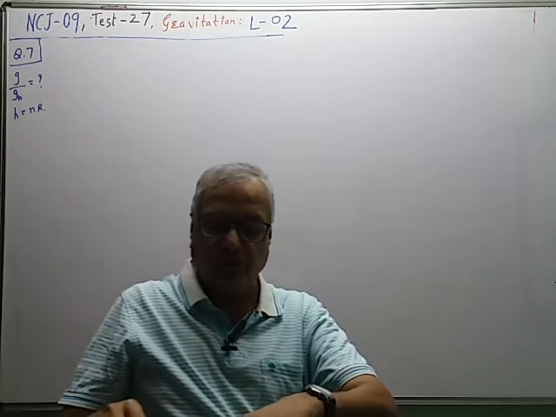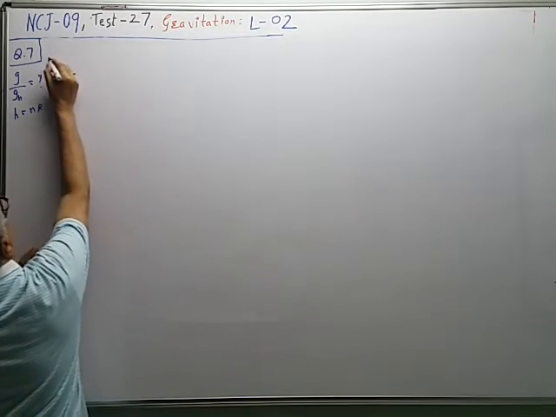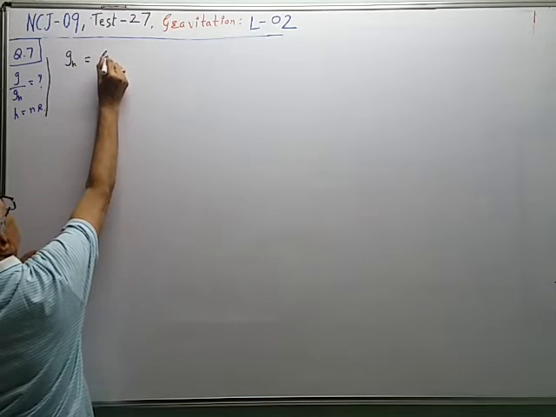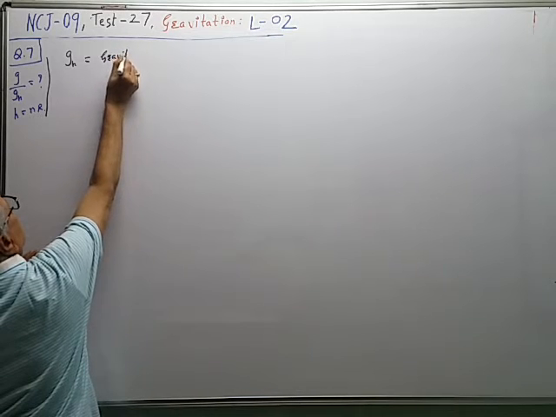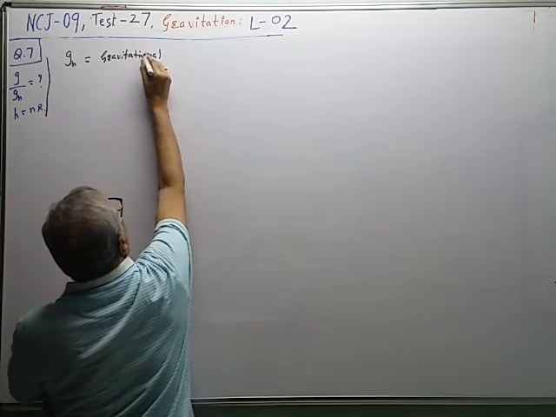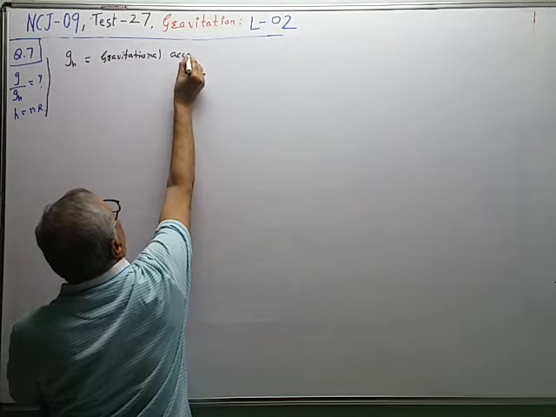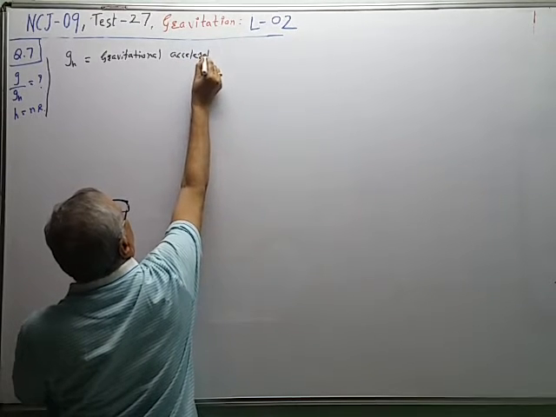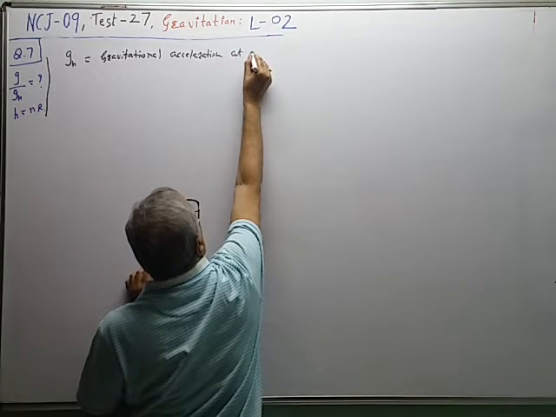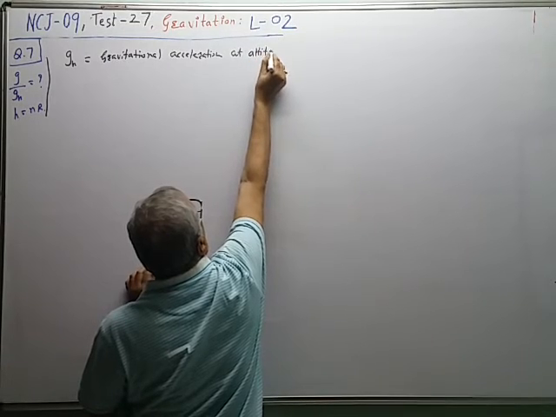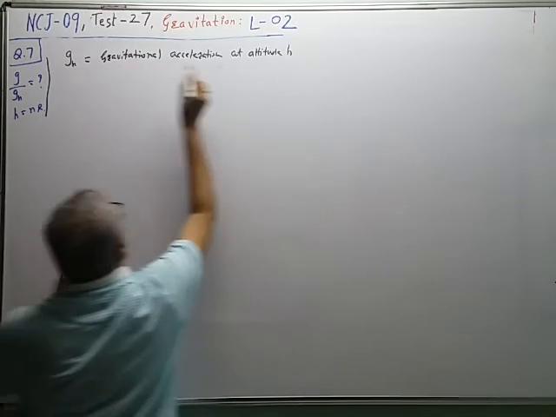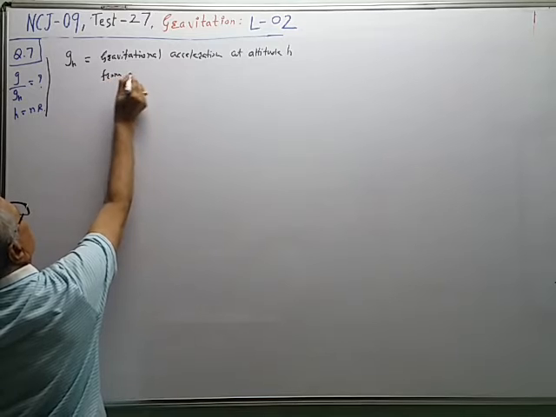So we know that gh is equal to gravitational acceleration at altitude h from the earth surface.